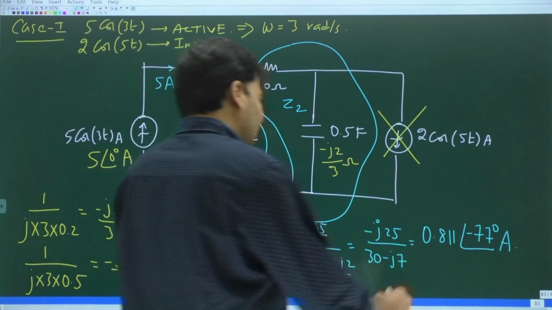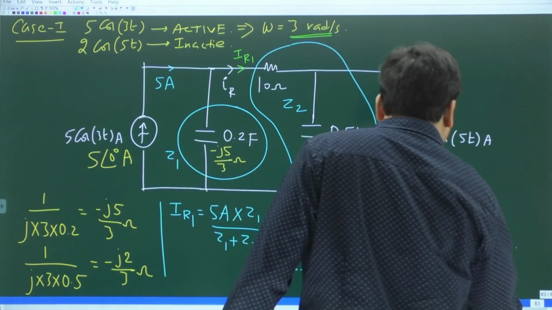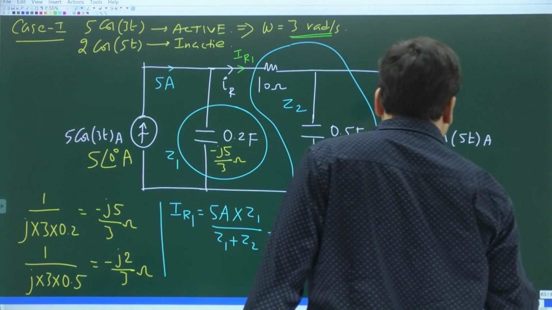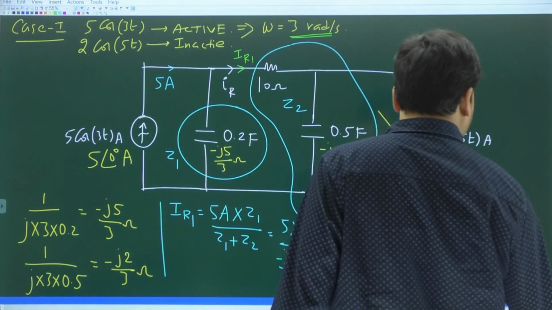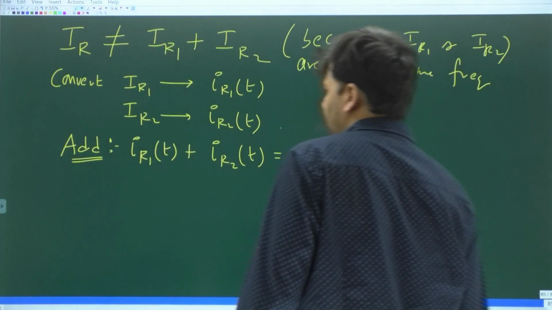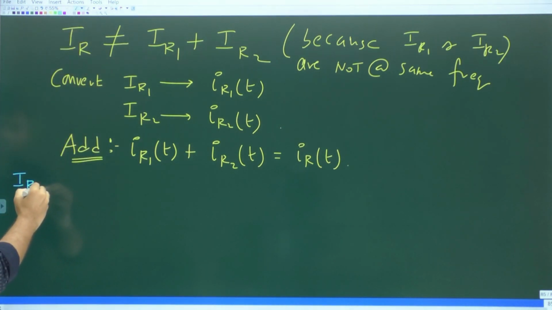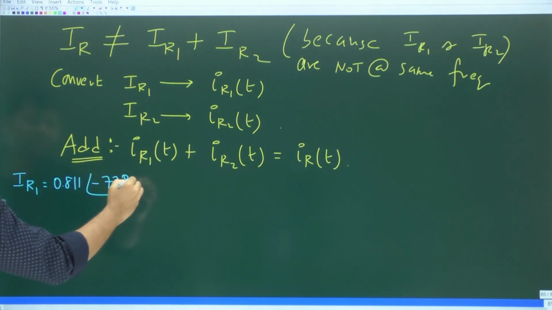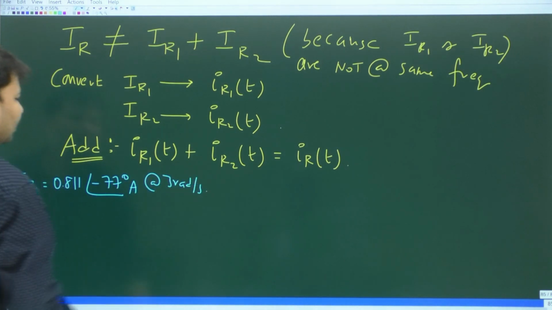Please keep in mind that this phasor is defined at a frequency of omega equal to 3 radians per second. So IR1 is 0.811 at an angle minus 77 degrees amperes at 3 radians per second.